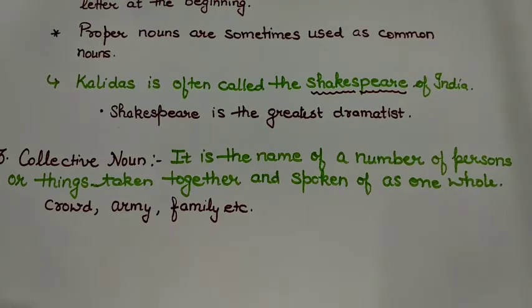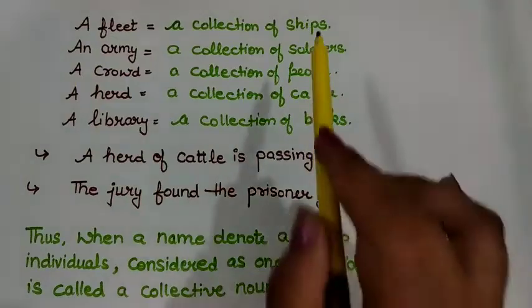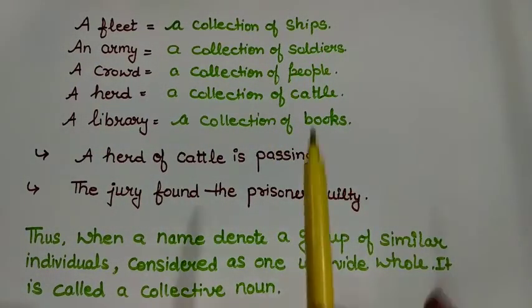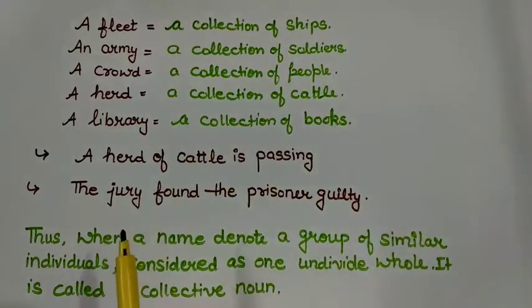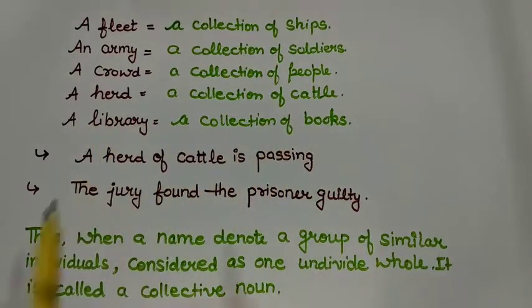Let us see a few collective nouns. Fleet: a fleet is a collection of ships. Army: an army is a collection of soldiers. Crowd: a crowd is a collection of people. Herd is a collection of cattle. And library is a collection of books.